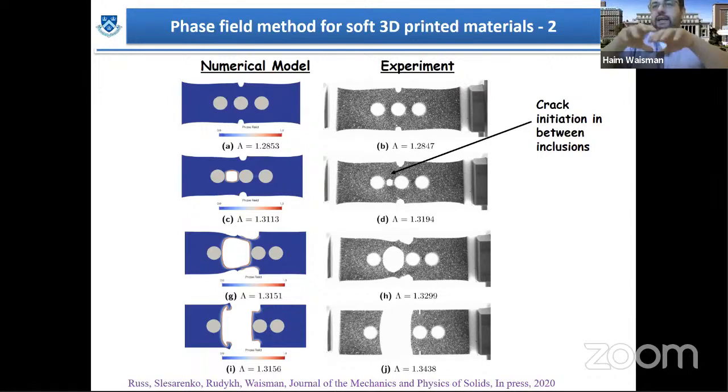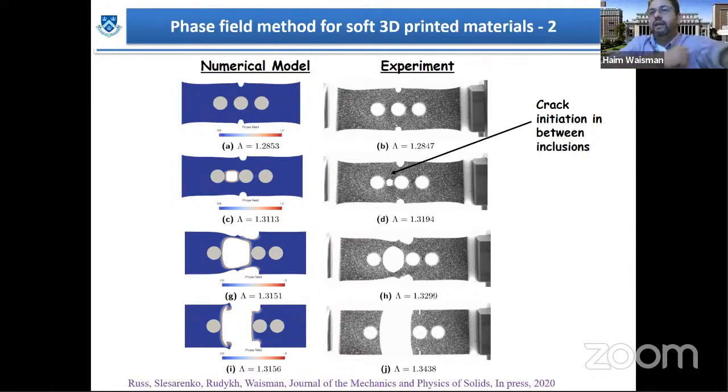Now, the GC, again, is calibrated for this specific material. The only place where I have seen GC be more difficult to handle is the bone problem that I've shown. In the bone problem, I have a different Young's modulus at every point, so the question becomes, what should GC be?